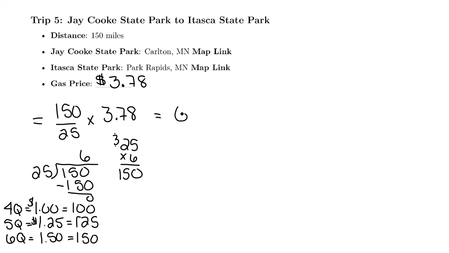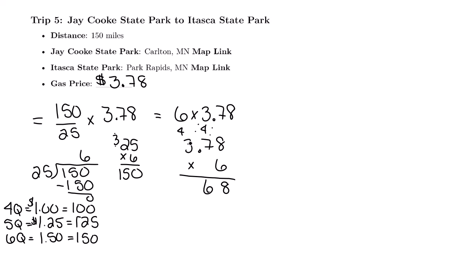It's going to look like 6 times $3.78. We're going to multiply 3.78 times 6. Okay, 6 times 8 is 48. 6 times 7 is 42, 43, 44, 45, 46. 6 times 3 is 18, 19, 20, 21, 22.